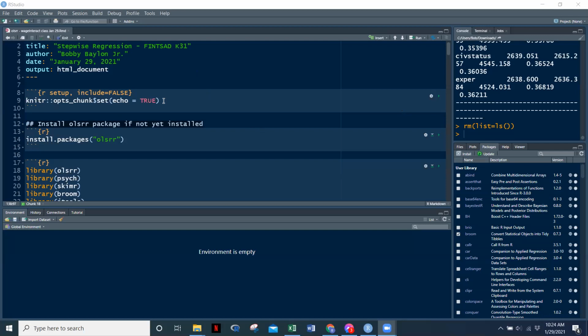So yung R markdown na file na sinend ko, guys, paki-check if you're getting this tab, stepwise regression, OLSRR weighted wage interact class January 29. Yes, sir. Okay, thank you. Tapos kailangan, guys, paki-download na rin yung Excel file, yung wage interact, which I sent din sa Canvas kasi yun ang gagamitin natin.